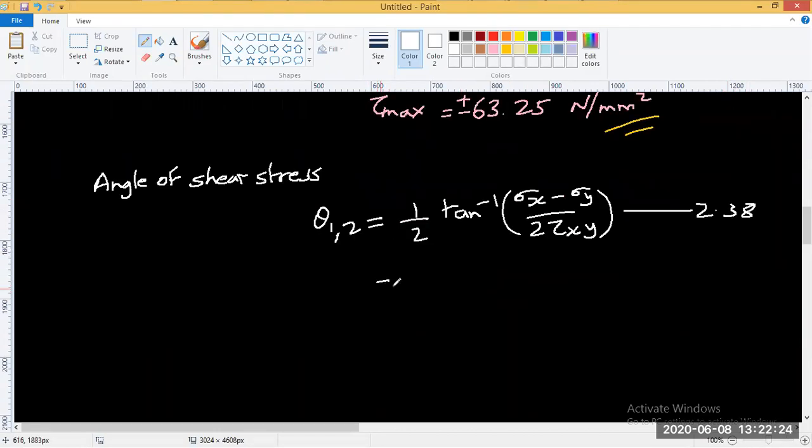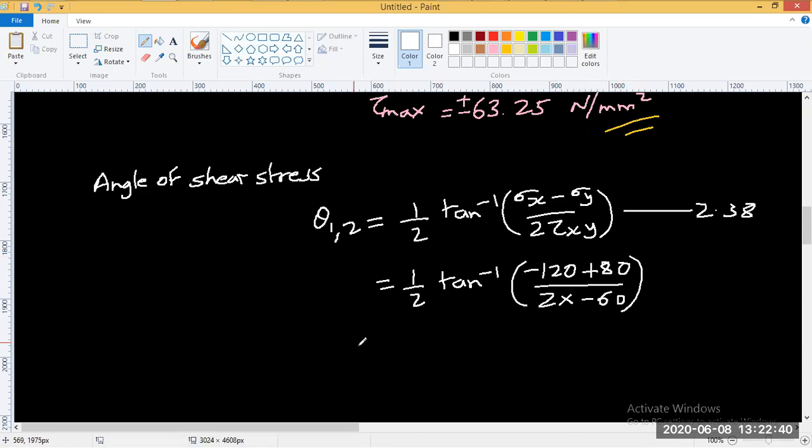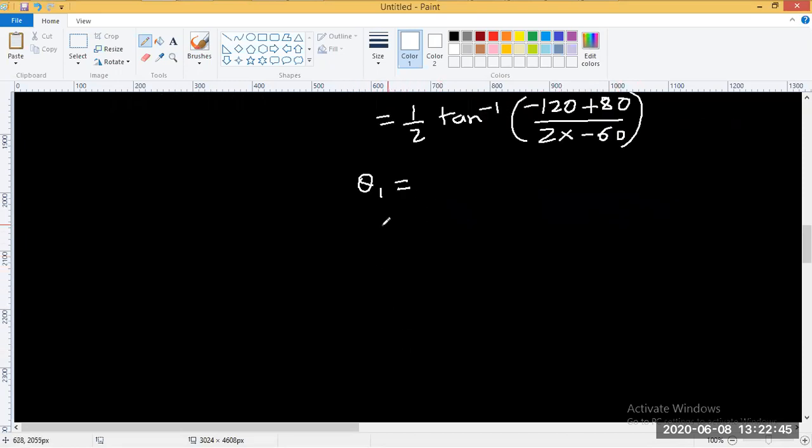So this is equal to, let's calculate this, half tan inverse of minus 120 minus minus plus 80 over 2 into minus 60. So if you substitute this, you'll get theta 1, and theta 2 is again theta 1 plus the 90 degrees.